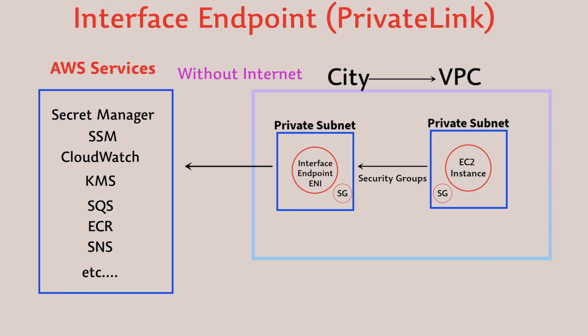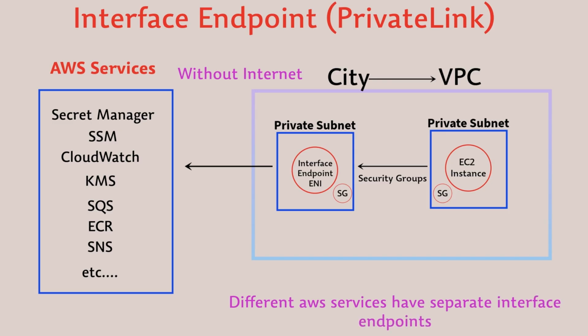It provides private connectivity to AWS services or third-party services. AWS PrivateLink is the technology used by the interface endpoint. Consider an interface endpoint as a private intercom line between buildings.